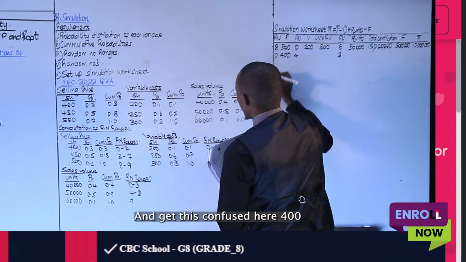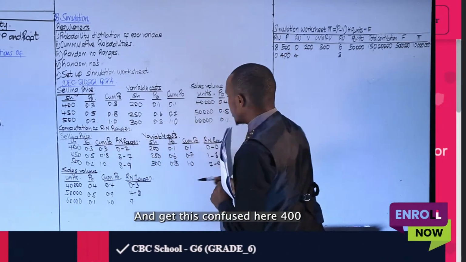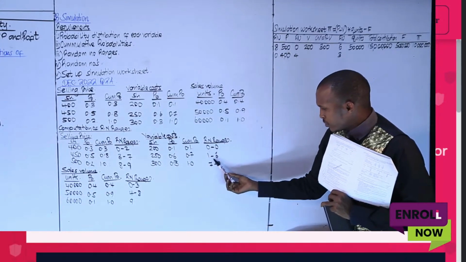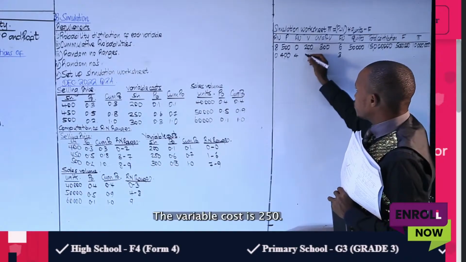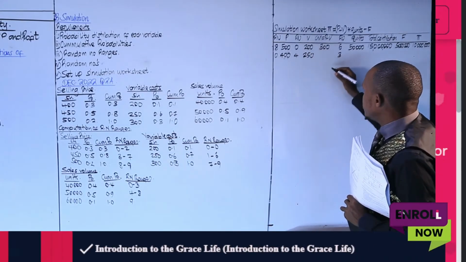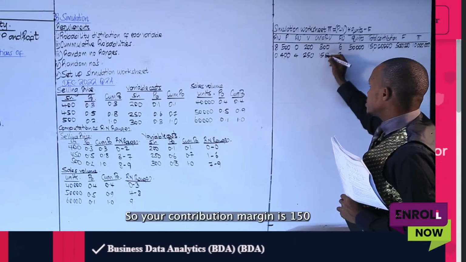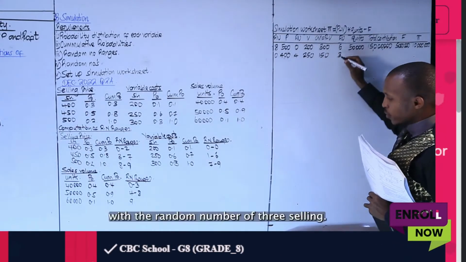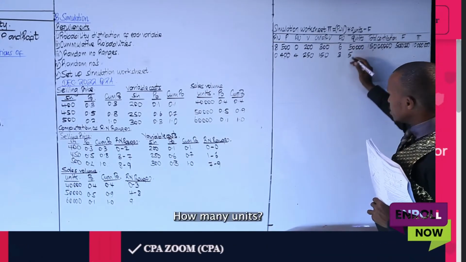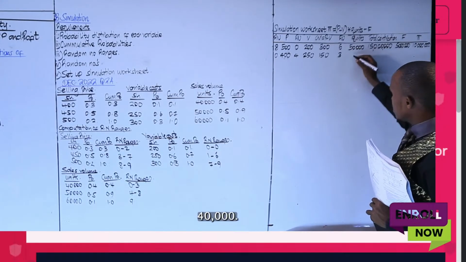Don't get this confused. With a random number of 4, your variable cost is 250. So your contribution margin is 150. With a random number of 3, you're selling 40,000 units.